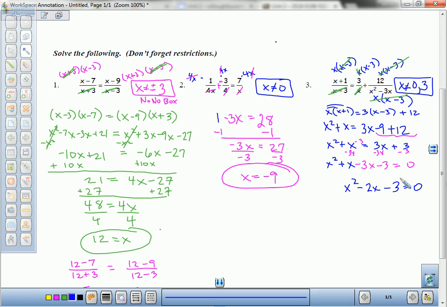Are we using the quadratic formula first? We don't have to, because you can multiply to get 3 and add to get negative 2. This factors to x minus 3 times x plus 1.